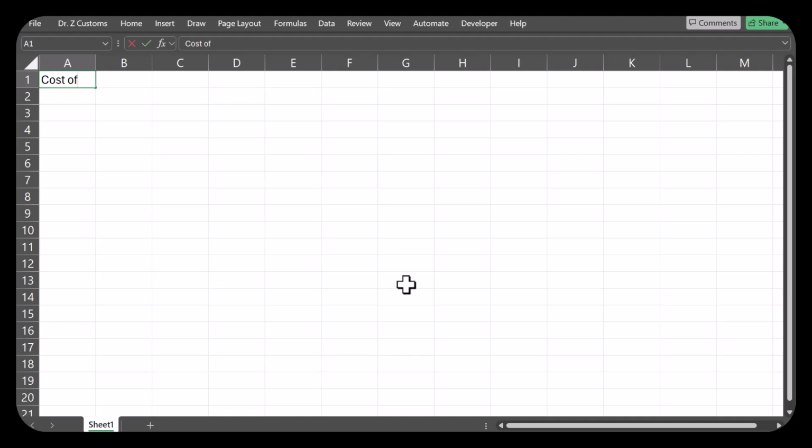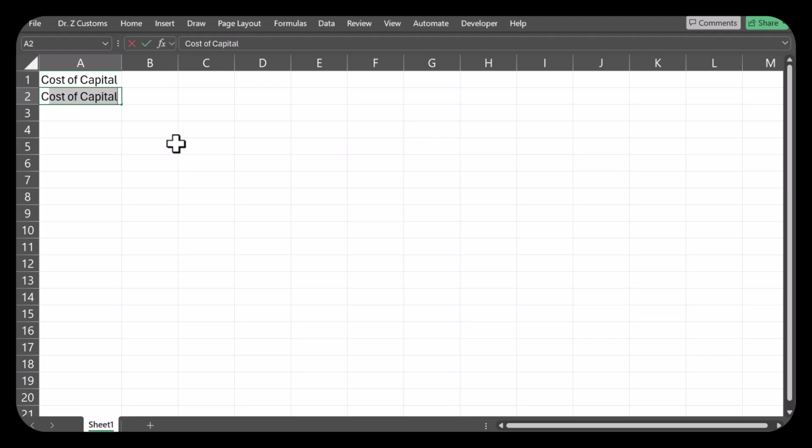Cost of capital is one of them. Cost of project is another. Life of project is another. I'm going to add one more input before I go into future cash flows. I'm going to call this significance.